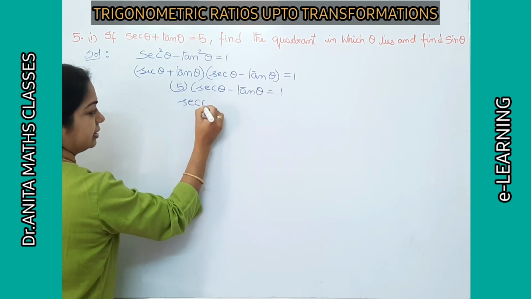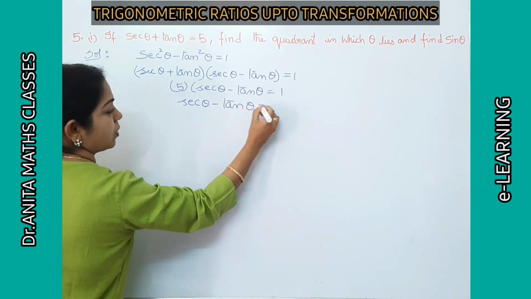So we get secant theta minus tan theta is 1 upon 5.